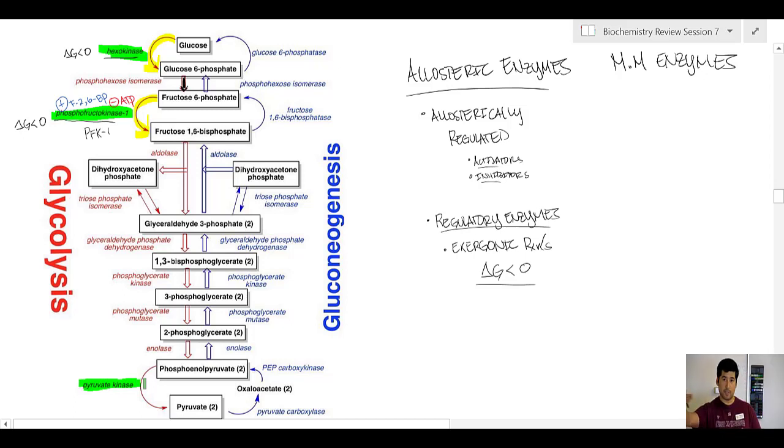But as we proceed in these review sessions, we're going to touch more on these. You just have to know that the regulatory enzymes are allosteric enzymes, and these allosteric enzymes are allosterically regulated through activators and inhibitors. And we're going to go more into that in the next review session.